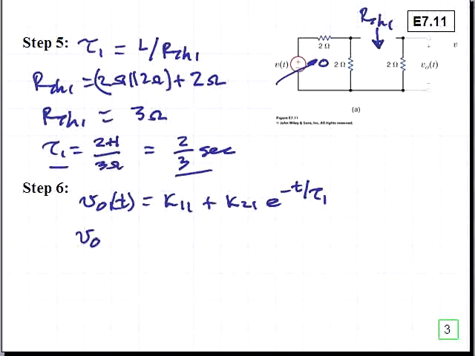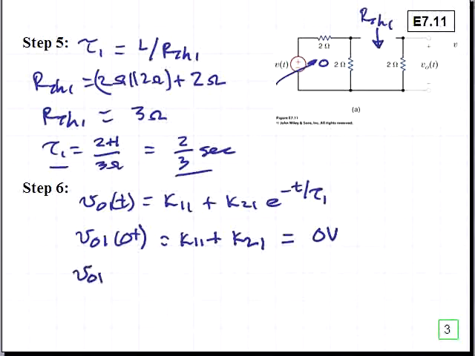Now vO1 at 0 plus, according to this assumed solution, will equal K11 plus K21, and we've determined from a previous step that this value is equal to 0 volts.